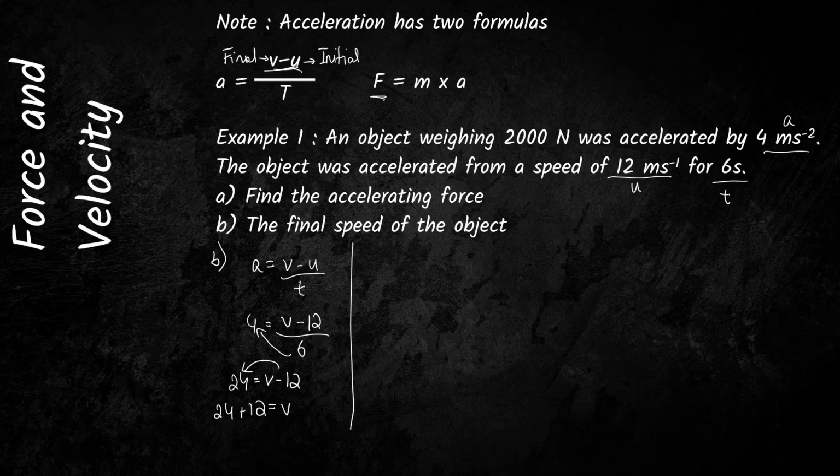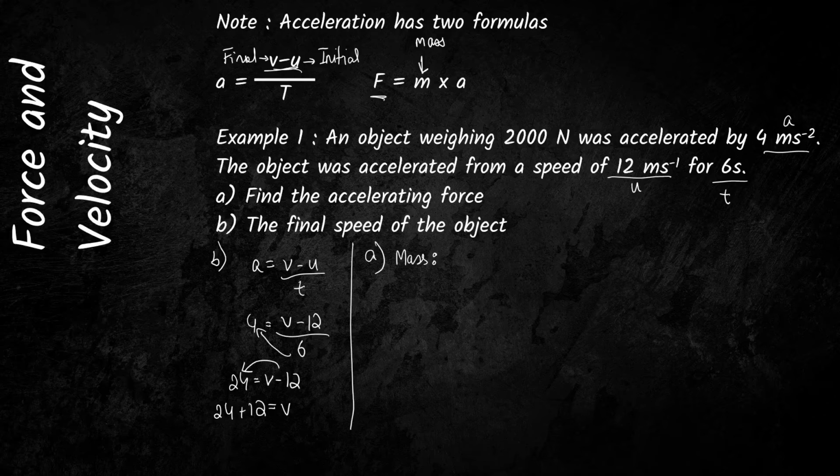Now let's solve part A. Now we know the weight of the object. You want to figure out the accelerating force, you don't need the weight, you need the mass, right? You need the mass to figure out the force. So essentially in part A first, we need to figure out the mass of the object. Now I'm labeling my steps, you don't necessarily have to do that during your exams.